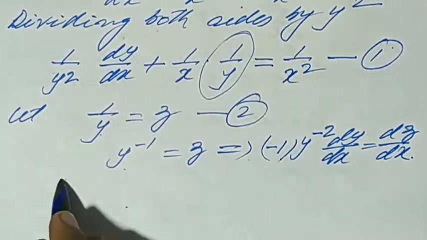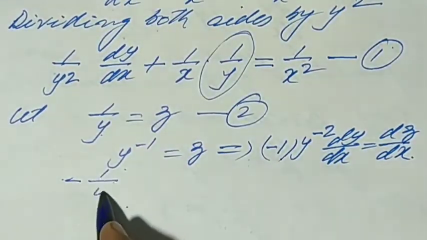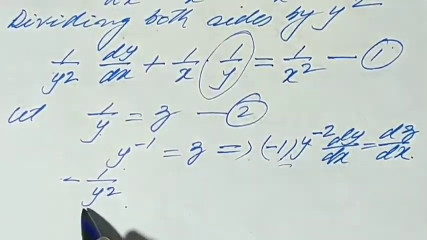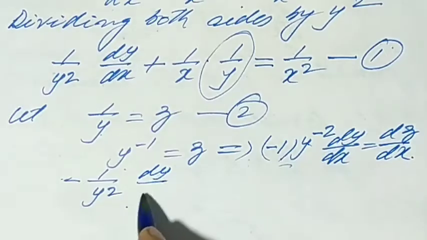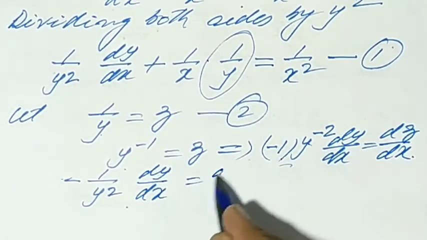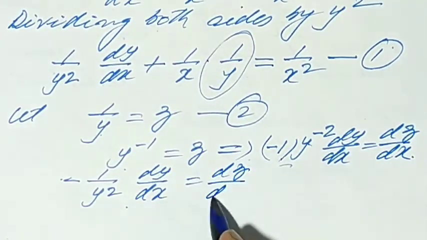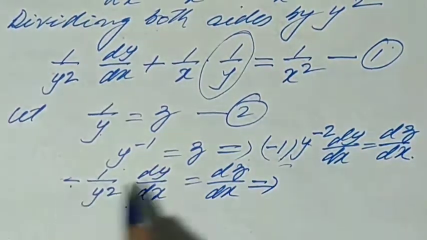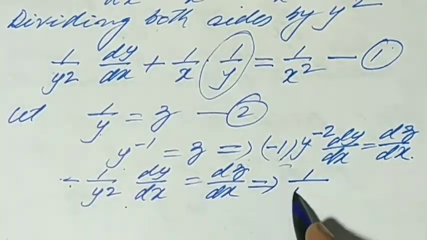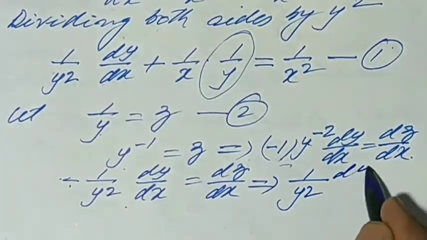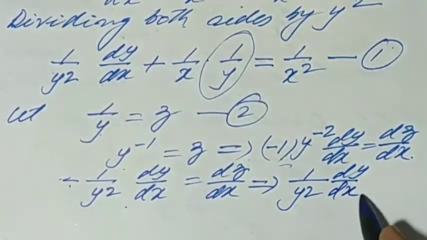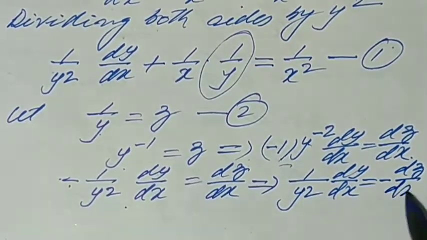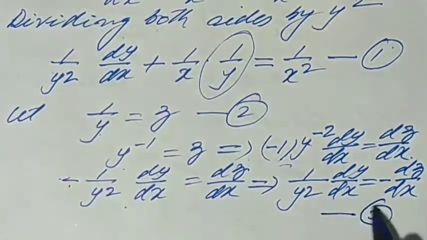This may be written as -(1/y²) dy/dx = dz/dx, because y^(-2) may be written as 1/y². Now transposing this minus 1 to the right hand side, we get (1/y²) dy/dx = -dz/dx, and let it be equation number 3.